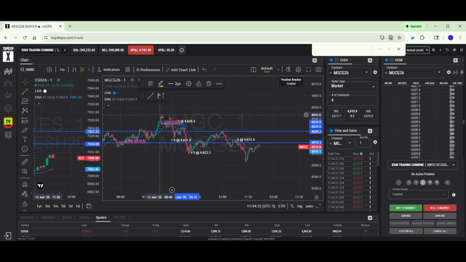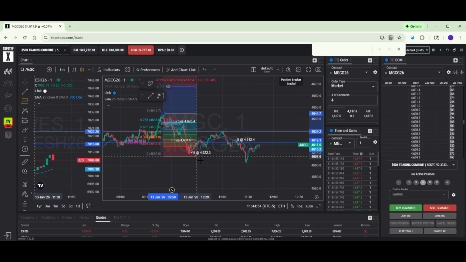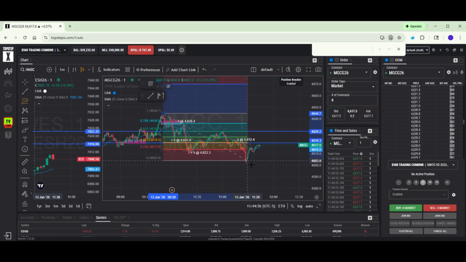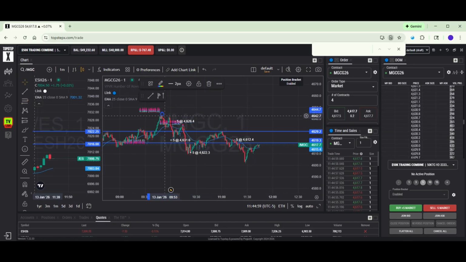If you draw the high and the low, you'll see that this area here basically went above the 50% retracement and then went back below it.